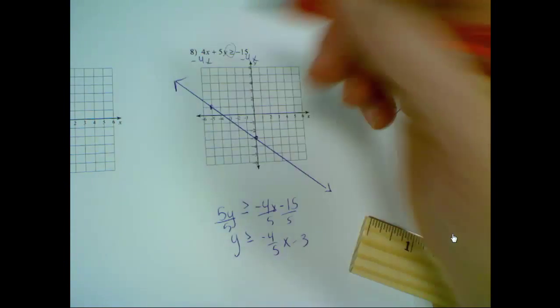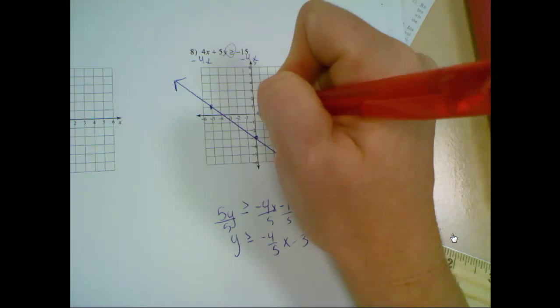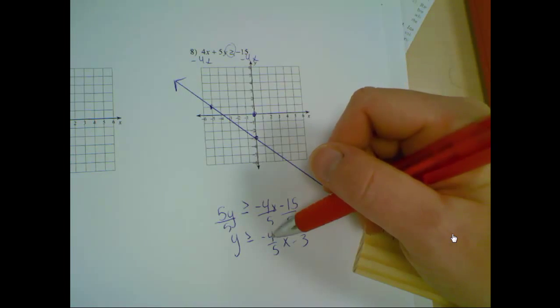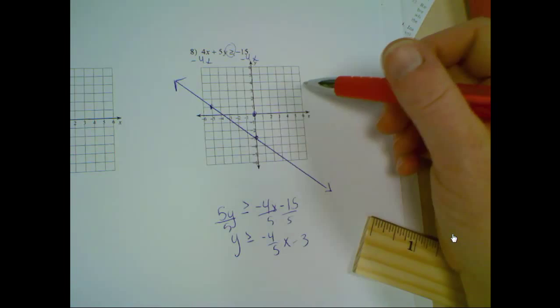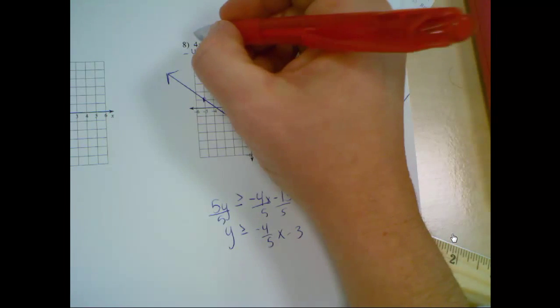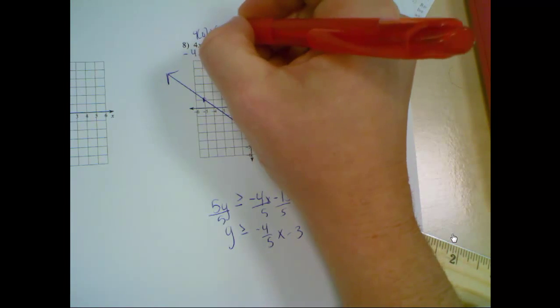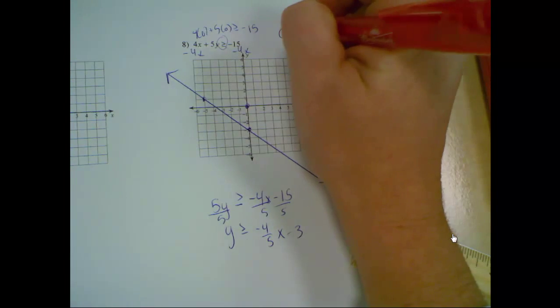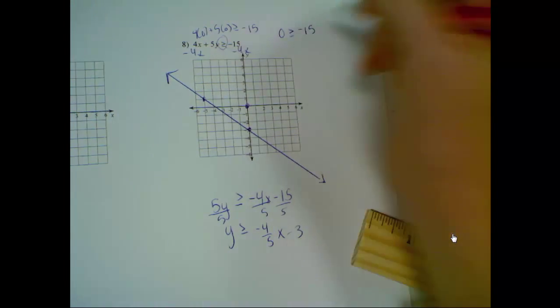And I have to check all the points on one side or the other. So I'm going to plug in 0, 0. I could plug it in here or here. Either way, if it's true, I shade towards it. If it's false, I shade away from it. So I'm going to do 4 times 0 plus 5 times 0 is greater than or equal to -15. 0 is greater than or equal to -15.